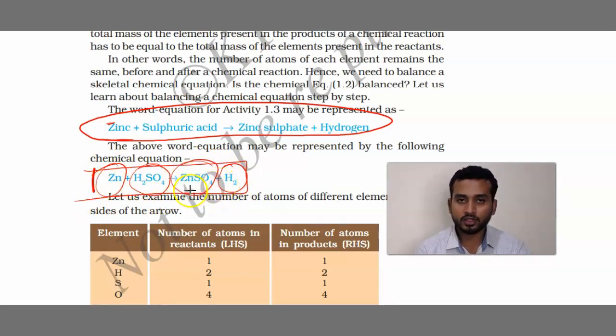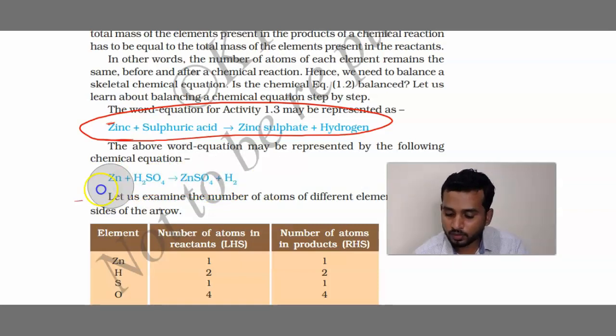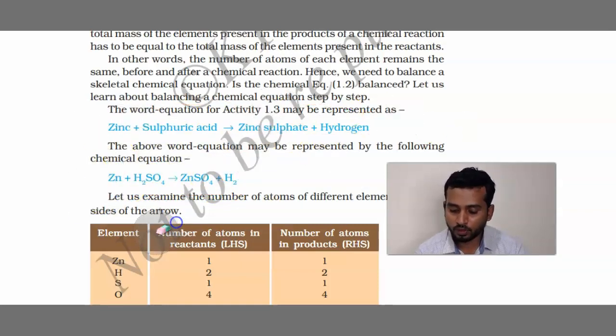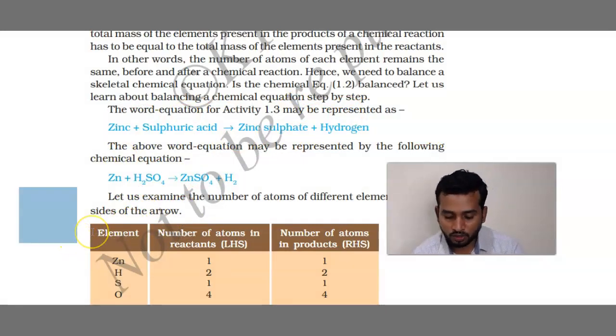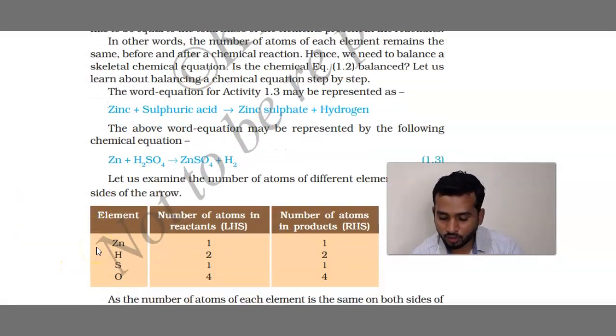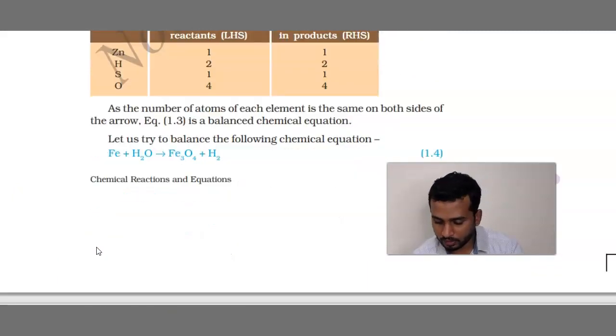After writing this, check whether it is balanced or not. The number of moles of reactant should be equal to the number of moles of product. Understood? So you can take this one example to balance the chemical reaction. Just check whether it is balanced or not. If it is not balanced, then you need to balance it.